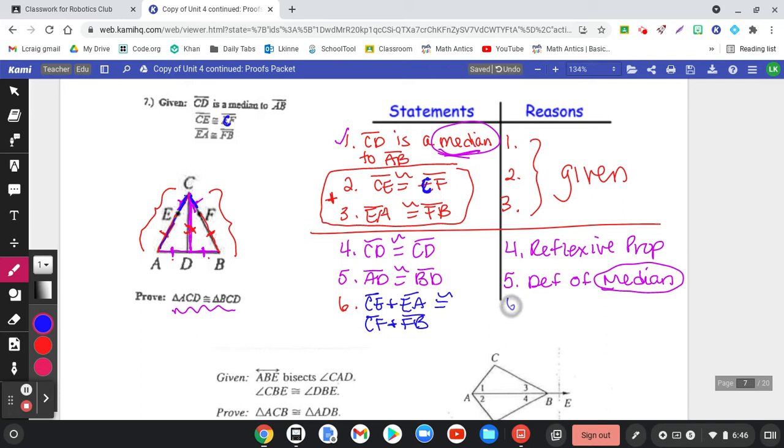So that was just addition. And when you actually add them, you have CA, the whole side over here, is congruent to CB.